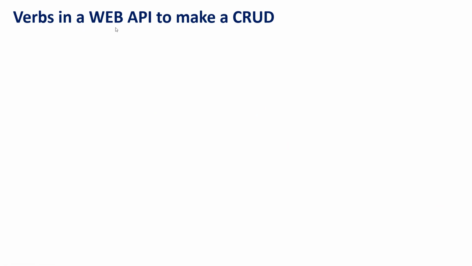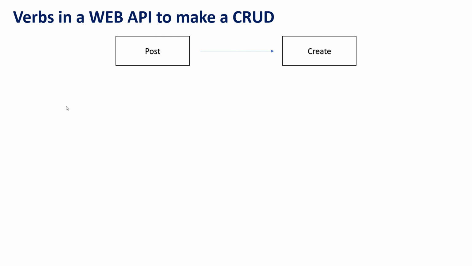So, we call each activity in an API a verb. So, let's have a look at the verbs inside a web API. When I want to create, most of the time, I'm going to use post.